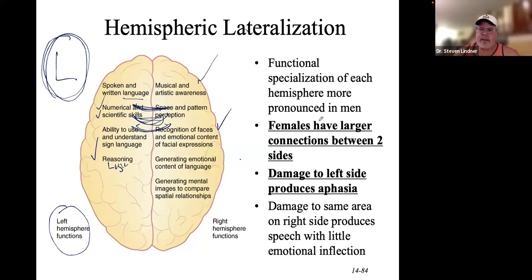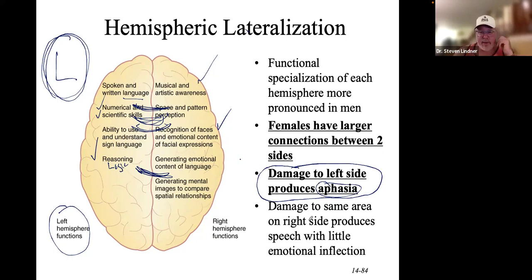Females biologically have a larger and stronger connection between these two sides. That is referring to the corpus callosum. And again, when there's damage primarily to the left side of the brain, that's when aphasia kicks in.